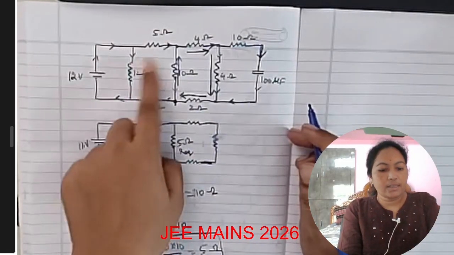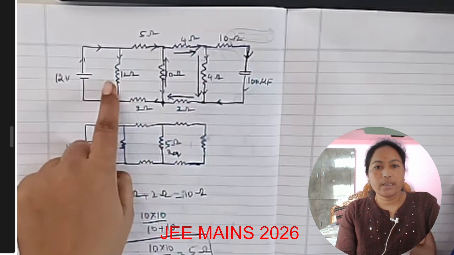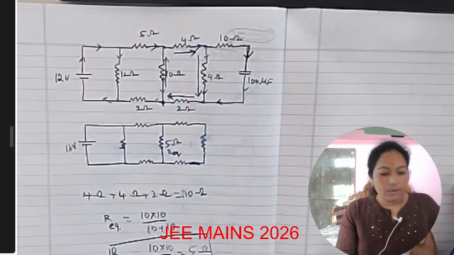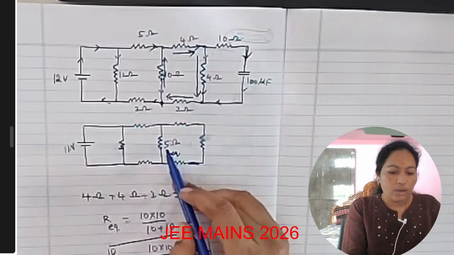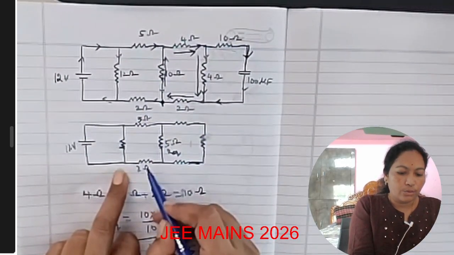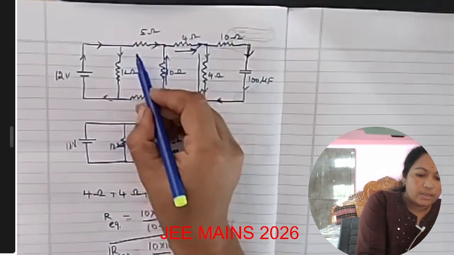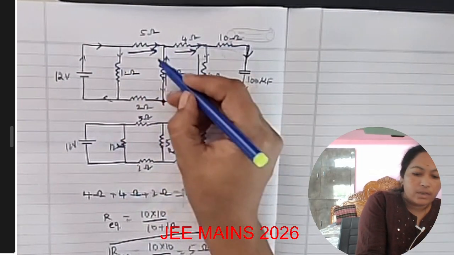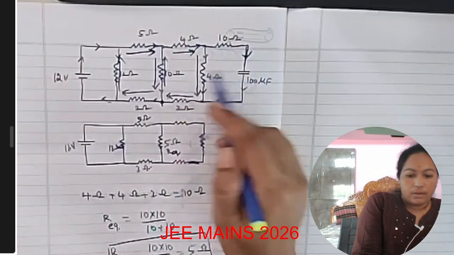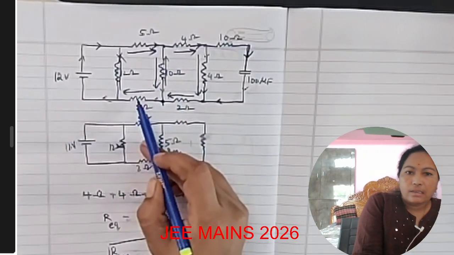And go for this loop: 5 ohms, 10 ohms, 2 ohms, and 12 ohms. Here we get that the equivalent resistance of all these four resistors will be 5 ohms. So I am taking 5 ohms here. Let us take 5 ohms, 2 ohms, and 12 ohms. With these three, the current flows from this node to this node, and same as the earlier loop, the 12 ohm resistor is parallel with all these three resistors.